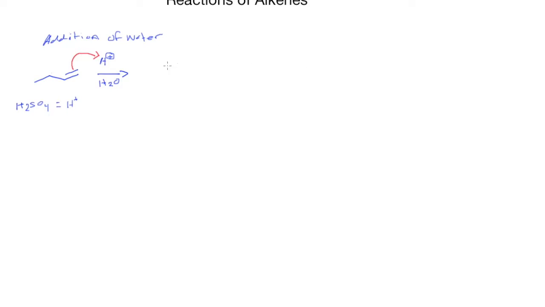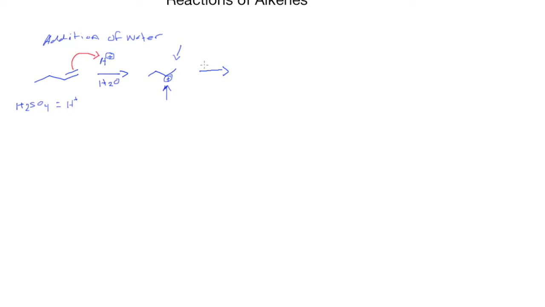Once it picks up the hydrogen there, we're going to develop a positive charge from the breaking of this bond right here. And then you have to decide if the positive charge is going to be on this carbon or on this carbon right here. We know it's going to be on this carbon because this is going to follow Markovnikov's rule. So there's our positive charge.